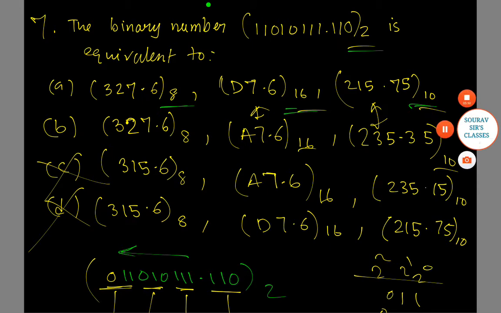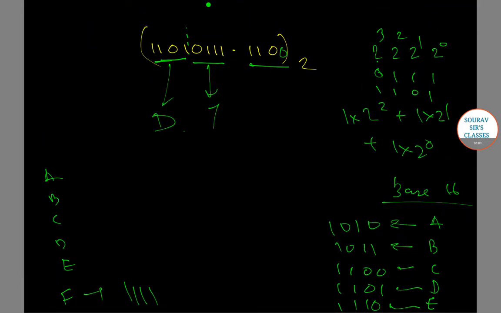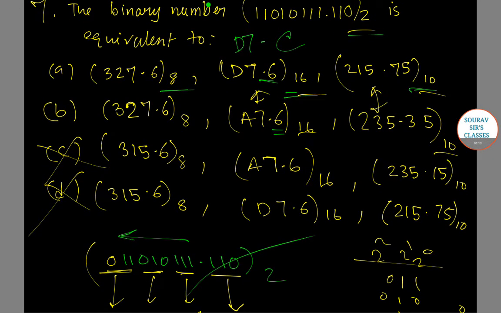Now in the options it is given as 6, so I think this is C actually. So the answer will be D7.C, because 1100 corresponds to C, and in base 16 this will be D7.C. So the option given is incorrect, this is actually C.